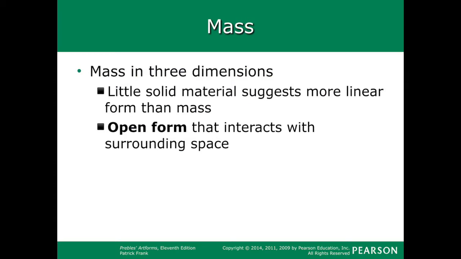And when it comes to these sculptures, you can say that when there is little solid material, it suggests that the work is more linear form than mass. So it's not really about the size of the object, it's more about the lines that are being created. And we'll see these in these types of open form sculptures.